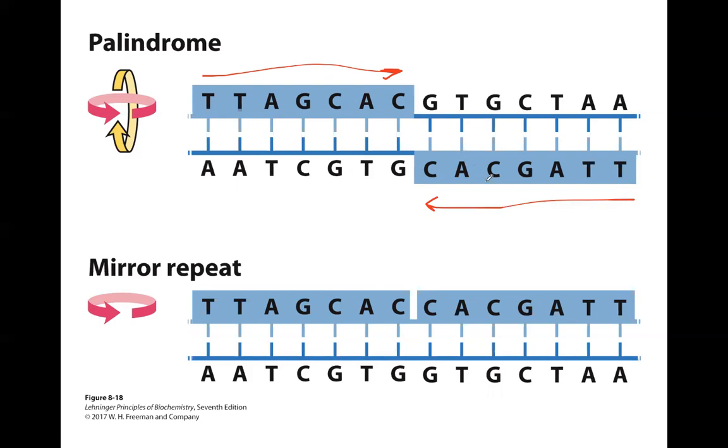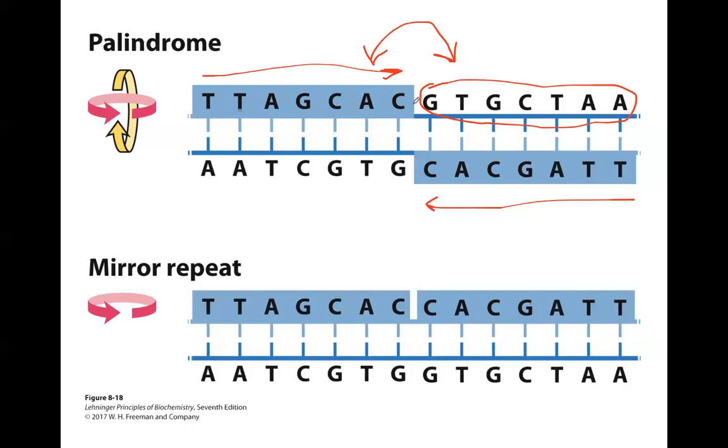It doesn't matter which way you do it, from left to right or right to left. And when you have these palindromic regions, usually the complementary strand can undergo double-stranded region formation with the sequence on the same strand.